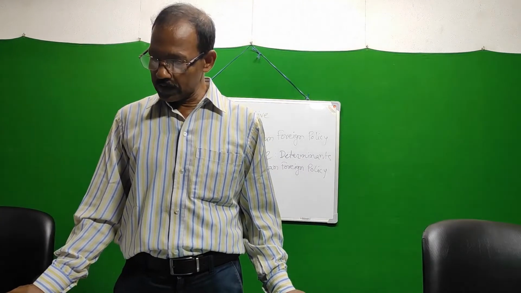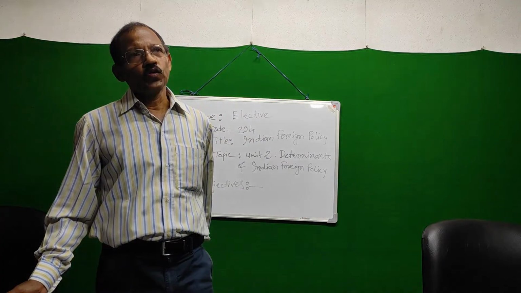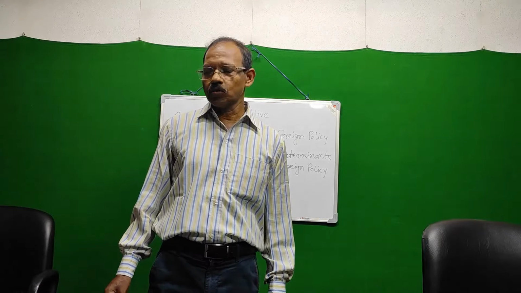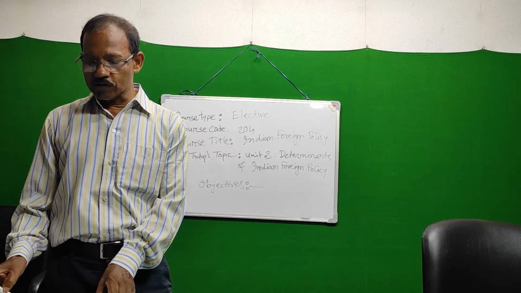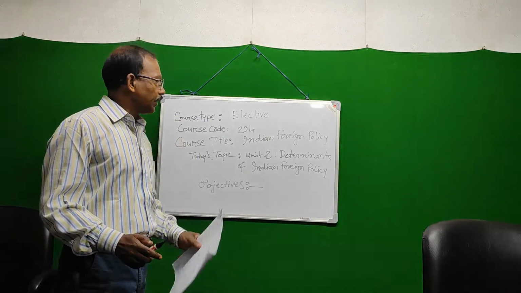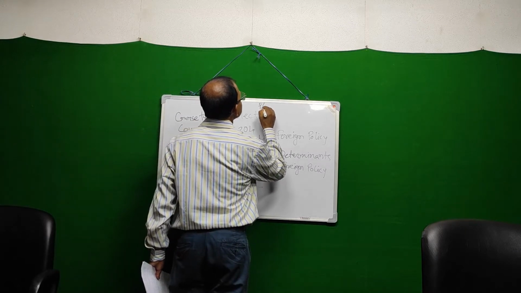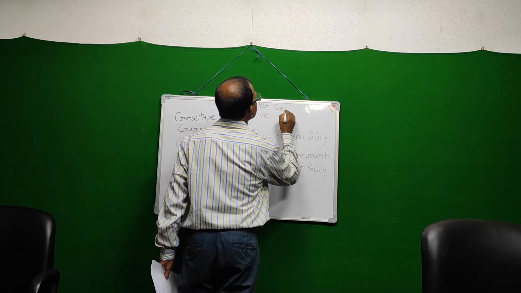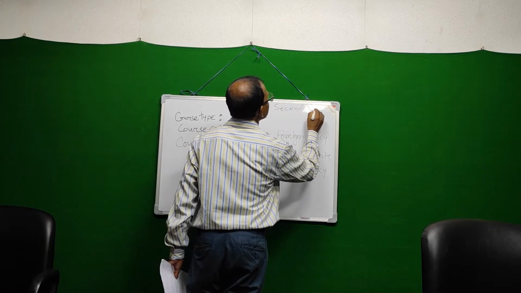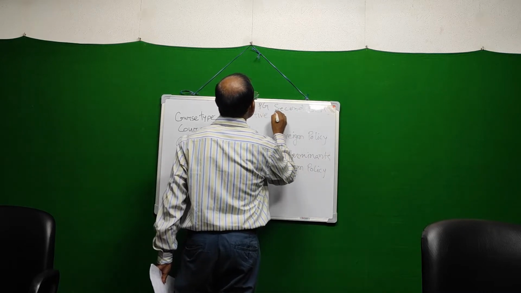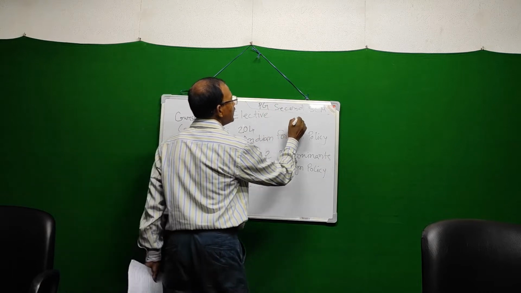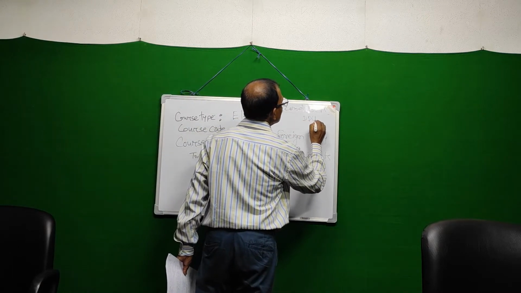Today I will teach you the MA in Political Science course, second semester. The course code is 204 and the course type is elective. That is PG second semester, DDE NBU.